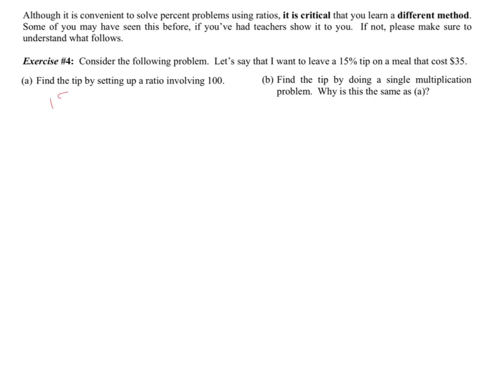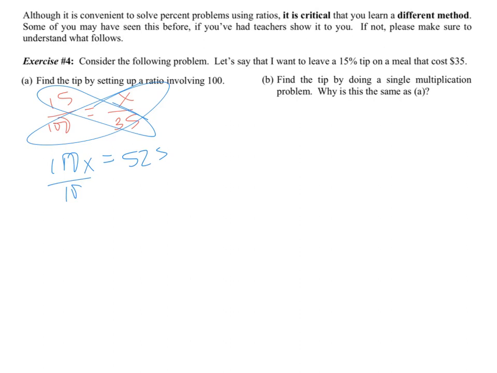So the ratio is 15 over 100 is what out of 35, and we cross multiply like we have been. So 100x equals 525. Divide everything by 100, and it's a $5.25 tip.